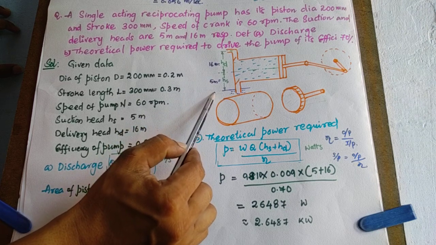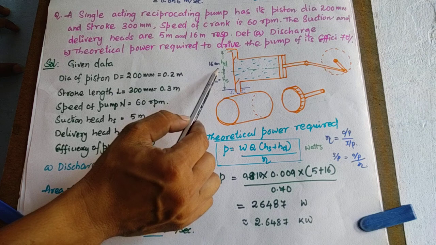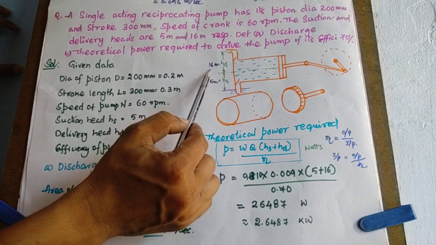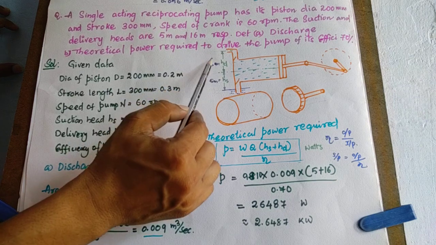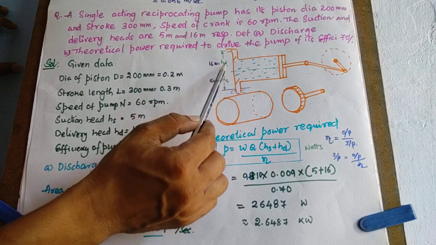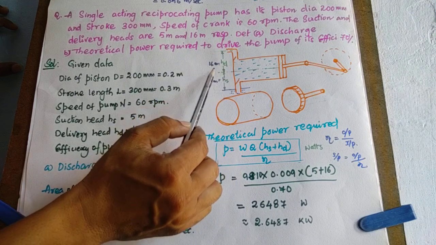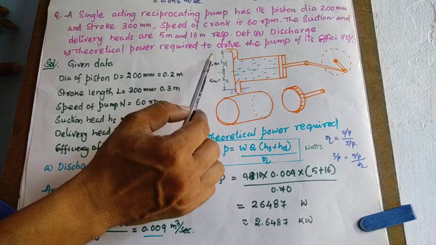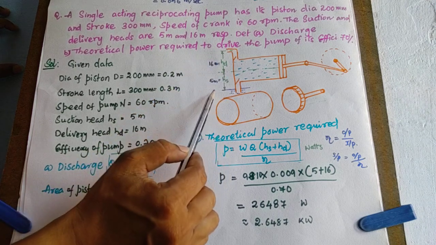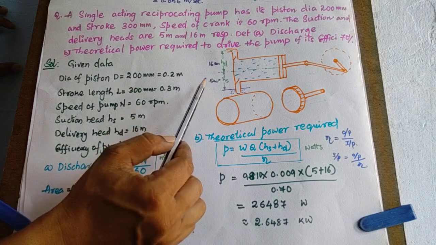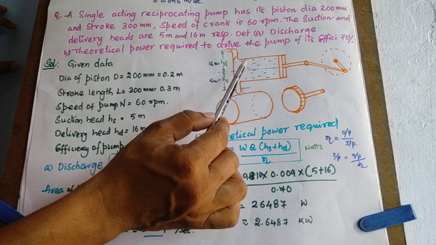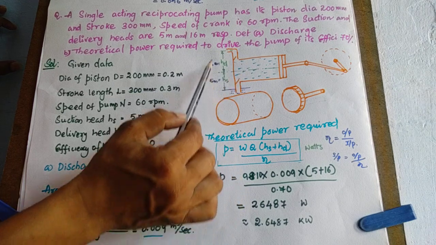The delivery head is the height from the center of the pump to the level up to which the water is lifted. The sum of these two heads gives the total head, that is, the manometric head. So it is the total height lifted by this pump.